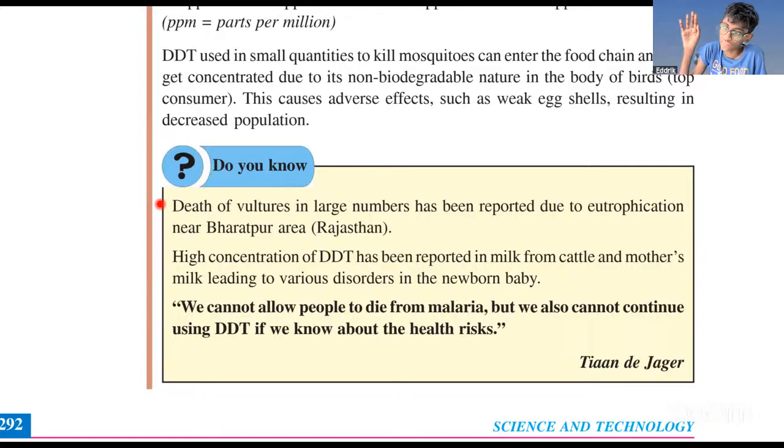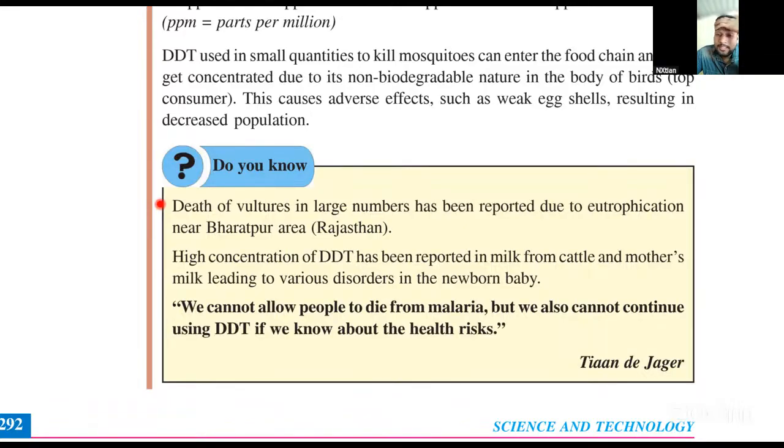DDT is the chemical which is used to stop the growth of mosquitoes. But because of the DDT powder, it is also affecting animals, and their population is decreasing. Understood? So we have to control it, or we have to find another way, so that neither thing causes any problem.